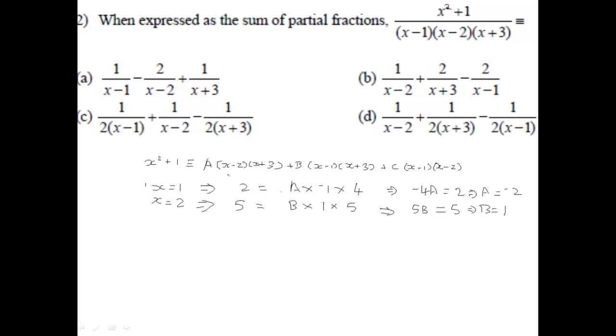The quickest technique for finding the third term, the C term, is to look at how many x squareds we've got. We've got one lot of x squared over here, and each of these brackets will give us an x squared, and we'll multiply it by A, B and C. We know what A and B are.